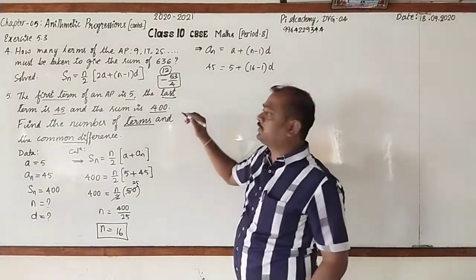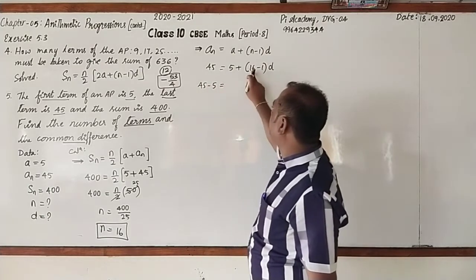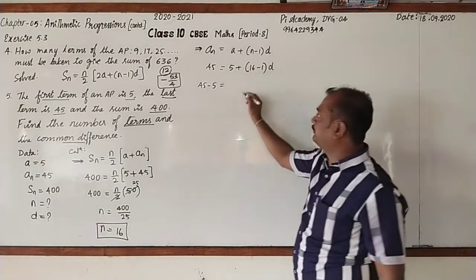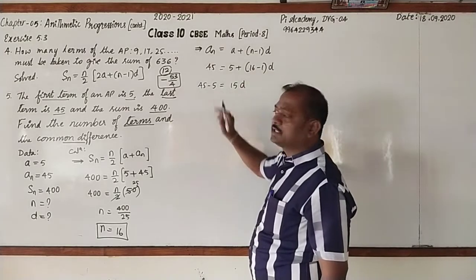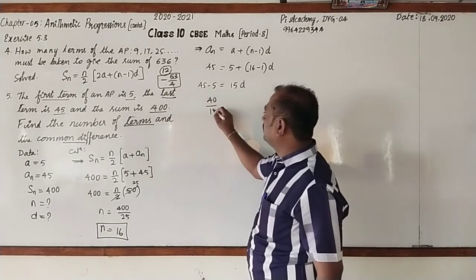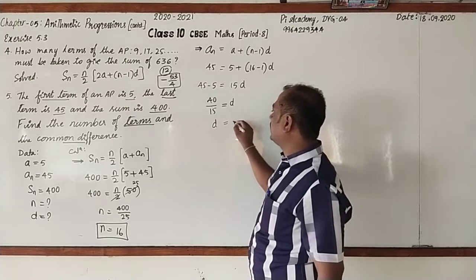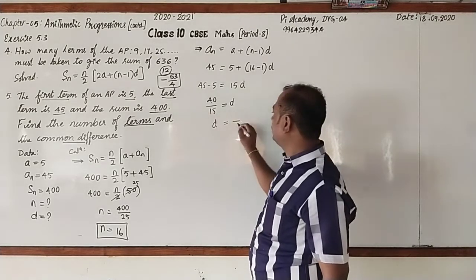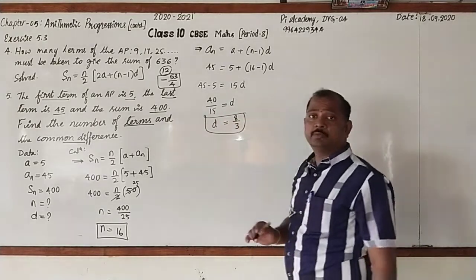Transfer 5 to the left hand side, it becomes minus 5. Then 16 minus 1 is 15 into d. Then 45 minus 5, it is 40. We want d, so divided by 15. So d is equal to, cancel it by 5. 5 threes are, then 5 eights are. d is 8 by 3.